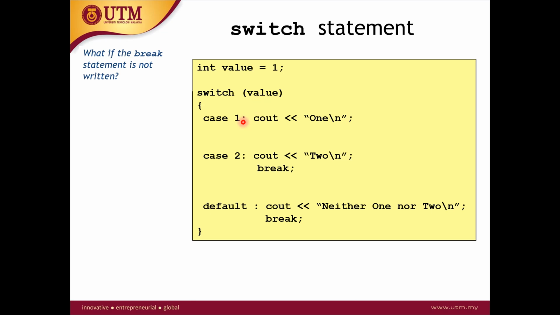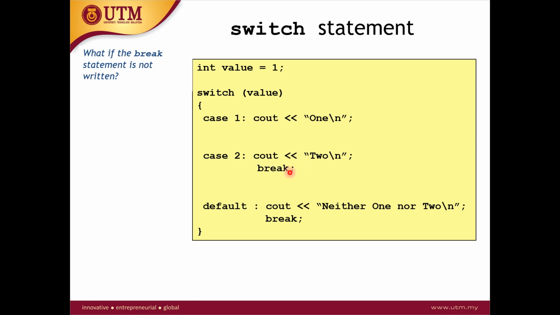Yes, 1 equals the one we already initialized. So this statement is going to be executed. We don't have any break statement here. If we don't have a break statement after the case, what happens? It goes on to execute the next statement. It comes to this statement as well, regardless of reading this case, and executes this one too.